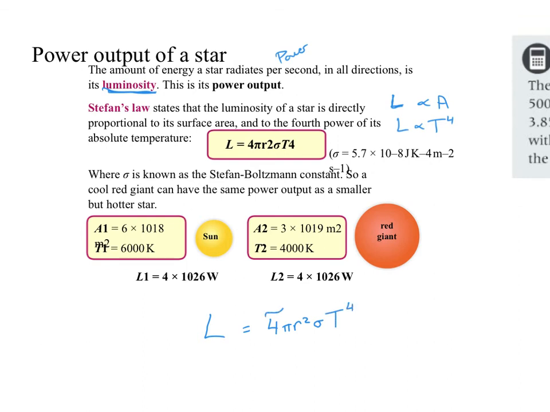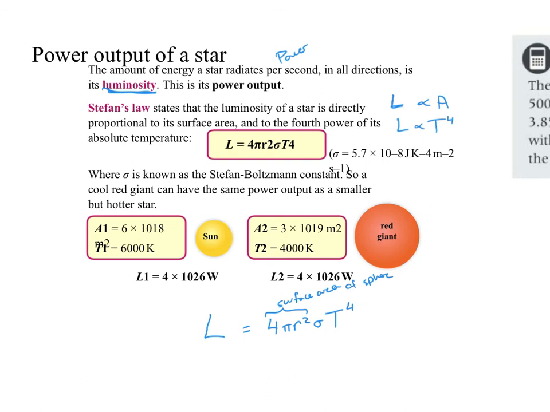This is the surface area of a sphere. So we can see that it's directly proportional to the radius squared of a star.